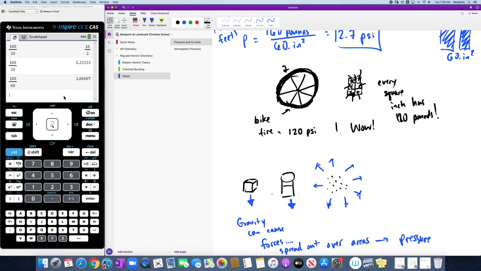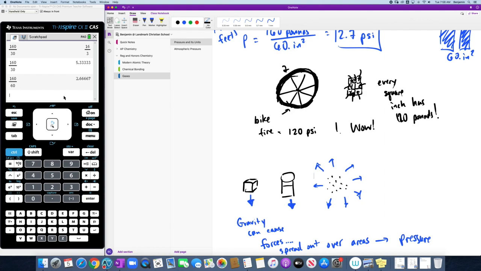I want to mention in passing, liquids can do this too, but you have to kind of block them into a container and then continuously try to force them more and more into a container where there's no more room to move, and then pressure can build up very quickly that way. So like in water pipes, there's pressure inside of water pipes, and they can leak in every direction because the pressure is going in every direction.